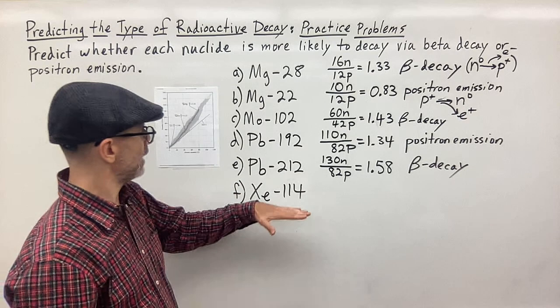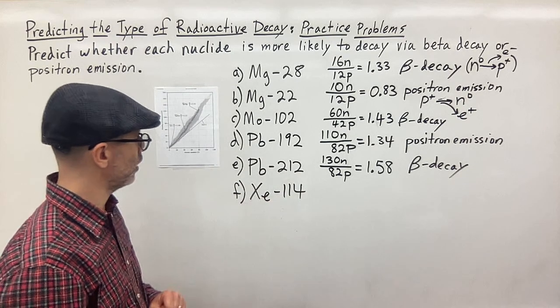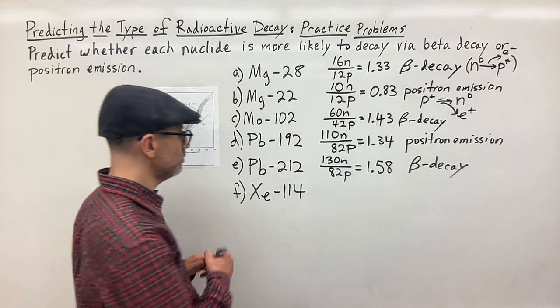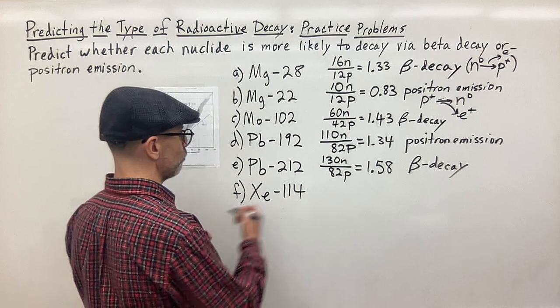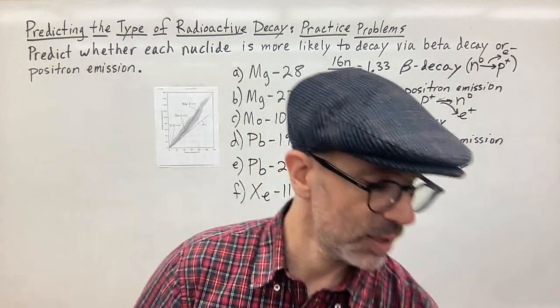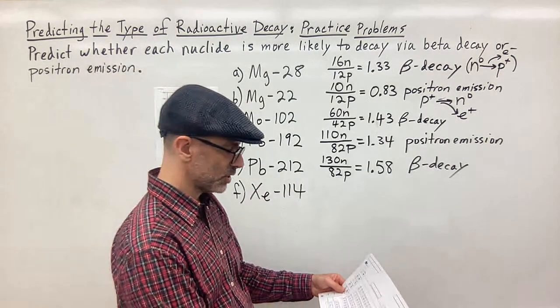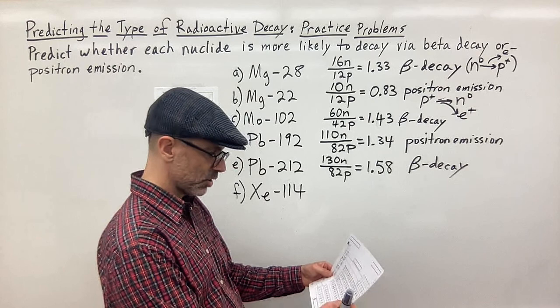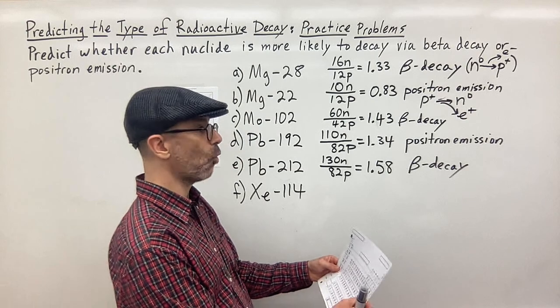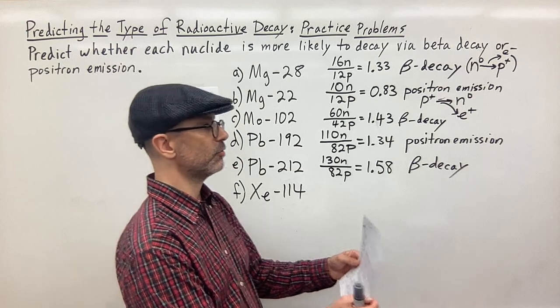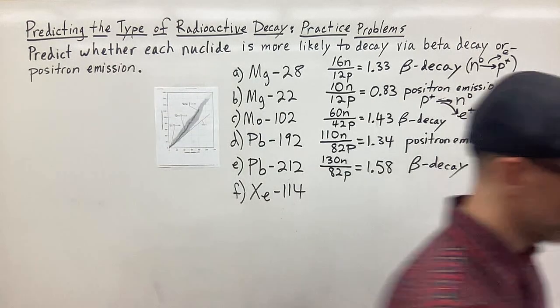Okay. Now here, xenon 114, right? So for xenon 114, we need to look up the atomic number of xenon. The atomic number of xenon is 54. Let me double check that. Yes, 54.